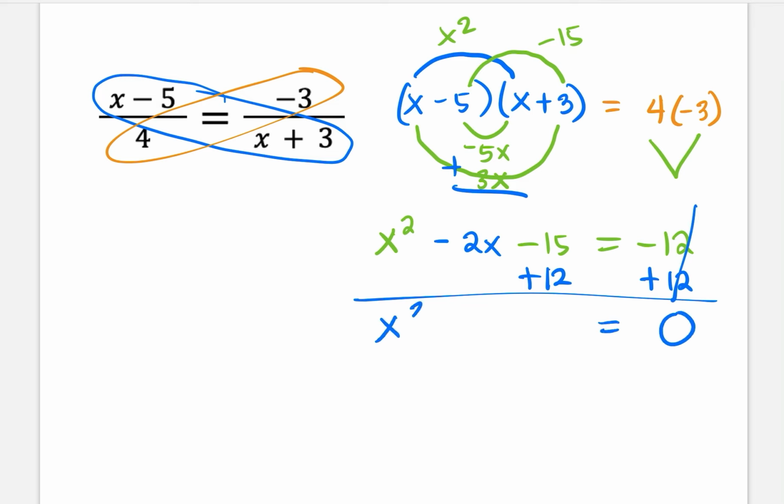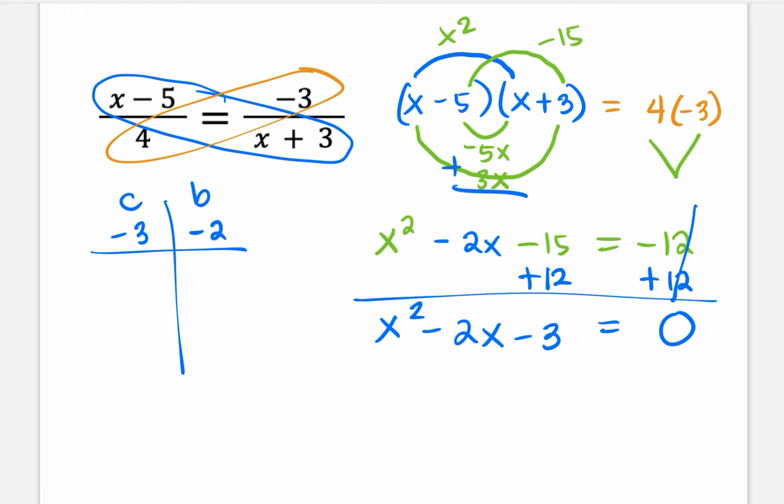And so we will have x squared minus 2x minus 3. So I am going to use the T-table, c and b. My c value is negative 3, the constant of the equation, and the b value is the number beside the variable with exponent 1, so that's negative 2. So the factors of negative 3 are negative 3 times 1.